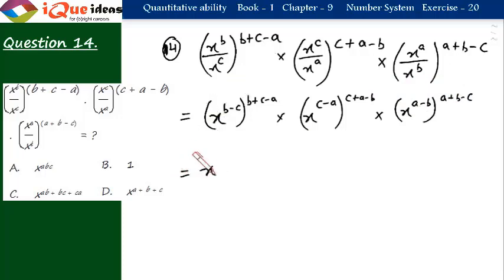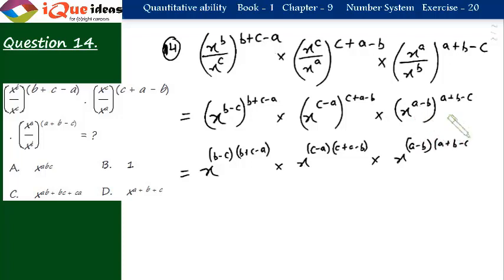Now the powers will get multiplied and we'll get x^((b-c)(b+c-a)) into x^((c-a)(c+a-b)) into x^((a-b)(a+b-c)).